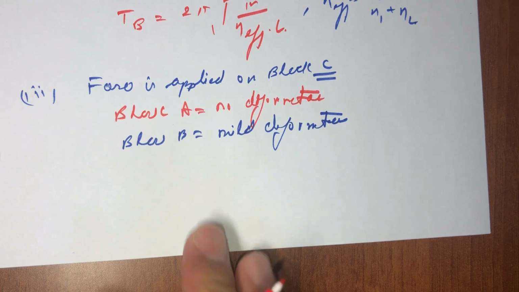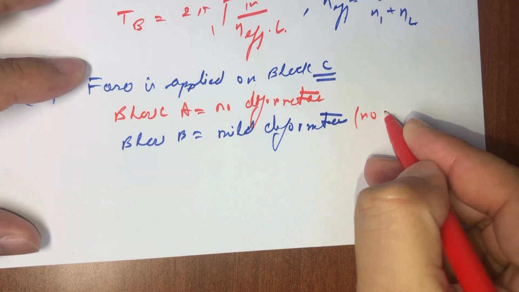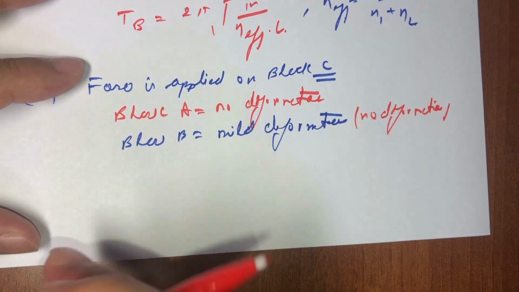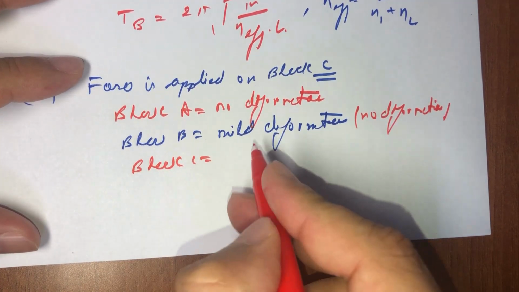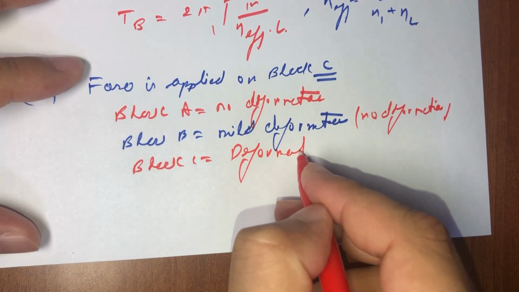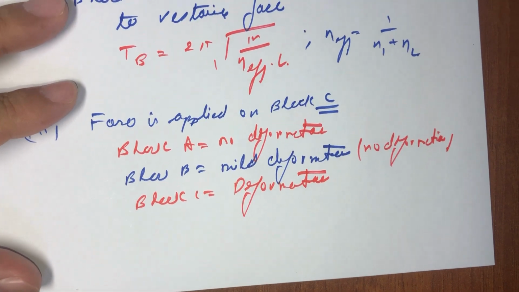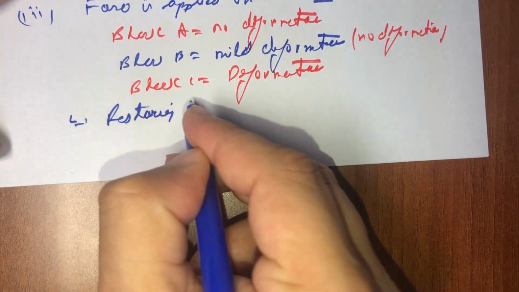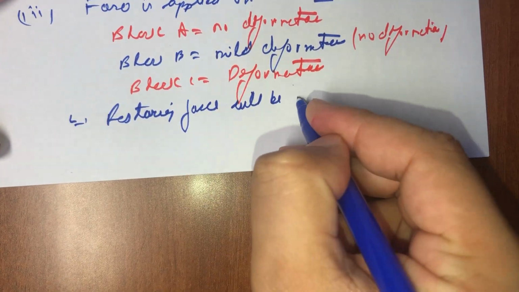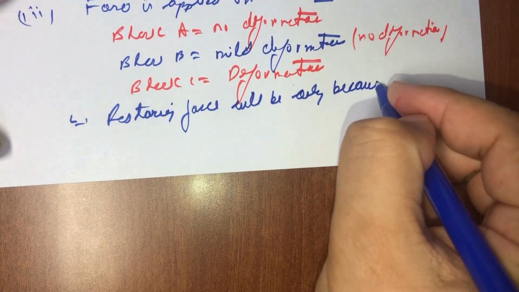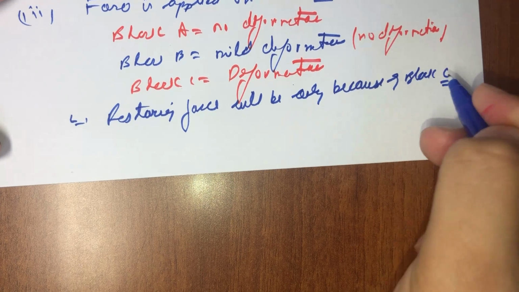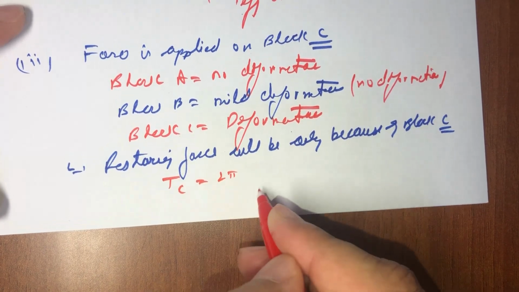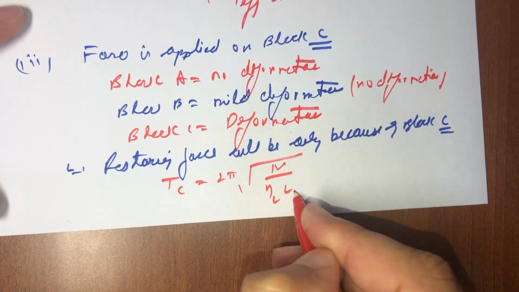And block C will have deformation. Therefore, now the restoring force will be only because of block C. Therefore, the time period of the oscillation will be dependent only upon the modulus of rigidity of block C, that is η2 upon L.